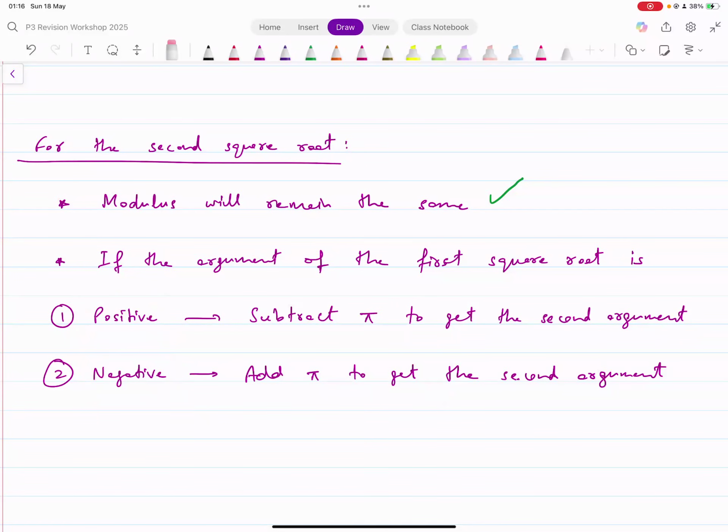If it is already positive and you add pi to that, that will go outside the interval, so that would not make sense. You have to be inside this interval, from minus pi to pi. So that's how you find the other square root.